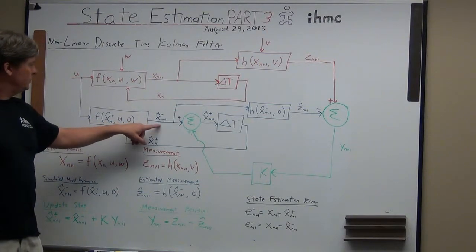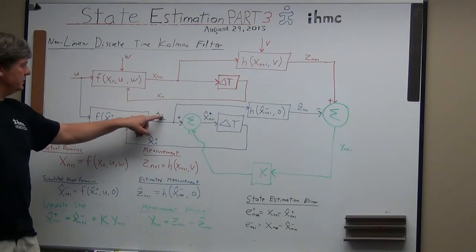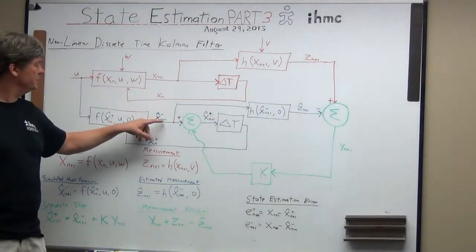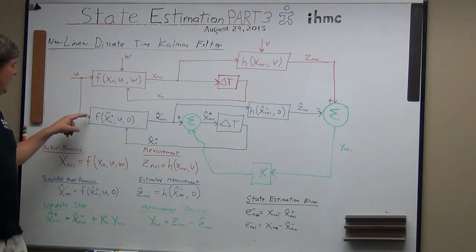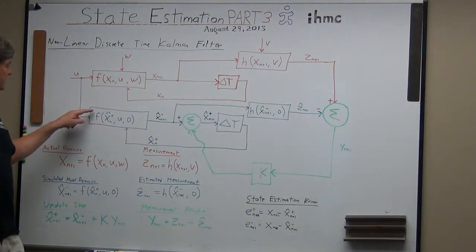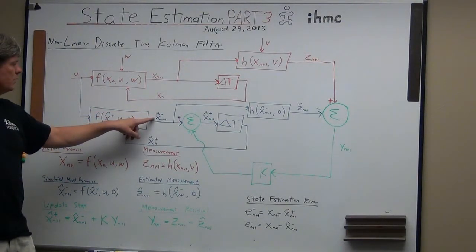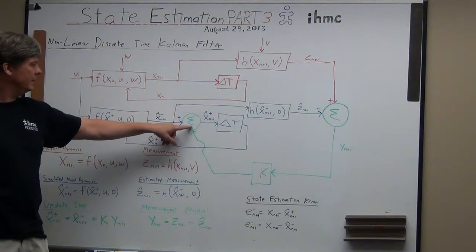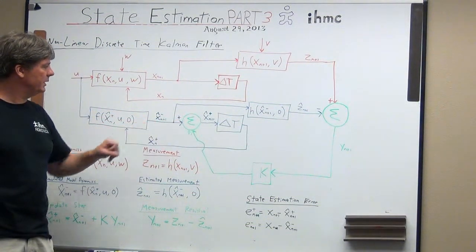So then that will produce the next state. Notice there's a little minus here and there's a little plus here. This is the state estimate after you do the simulation of the forward dynamics. So it's like your a priori state before there's some update, and this is your a posteriori state after the update.